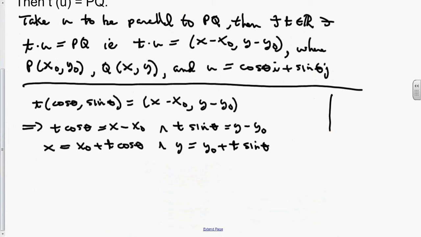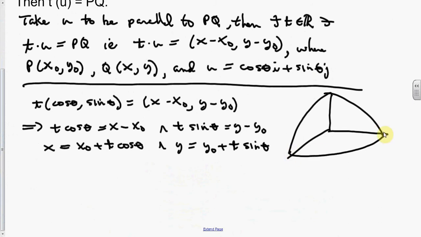Again, we are investigating here. If we put the diagram back, we get some vector u, and then we get this PQ.